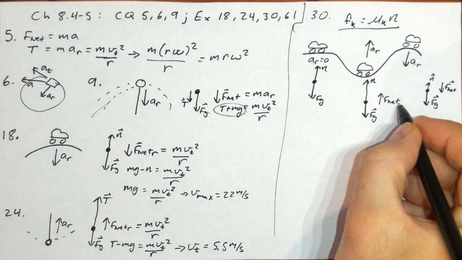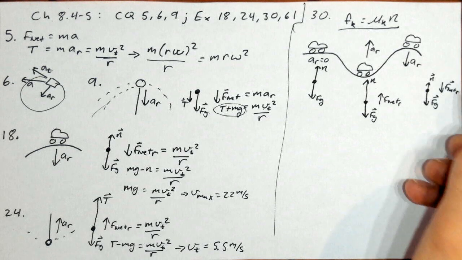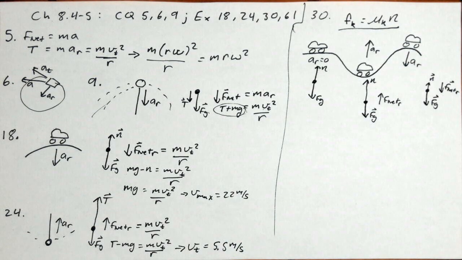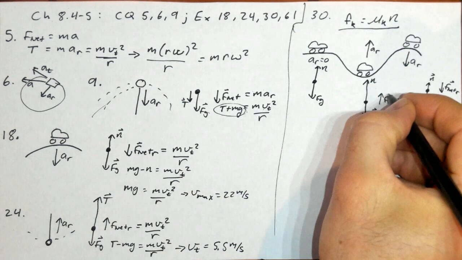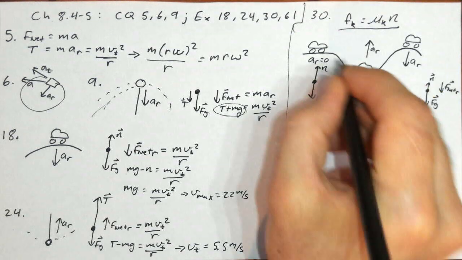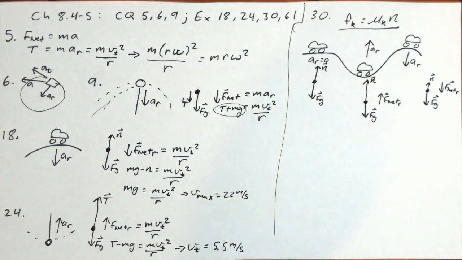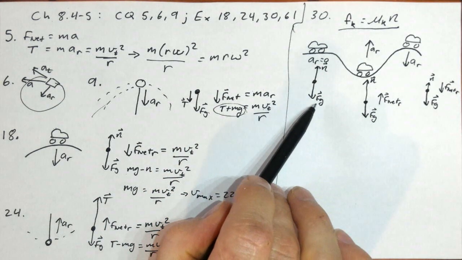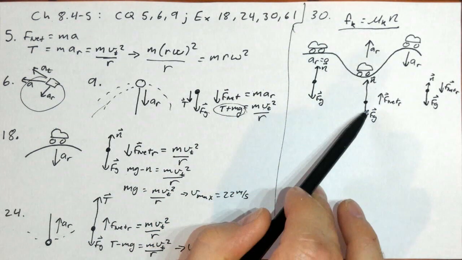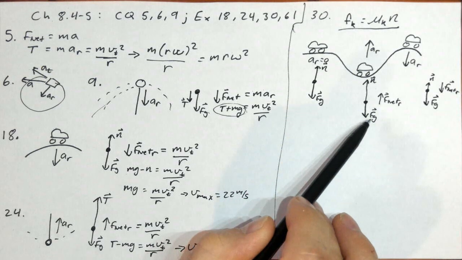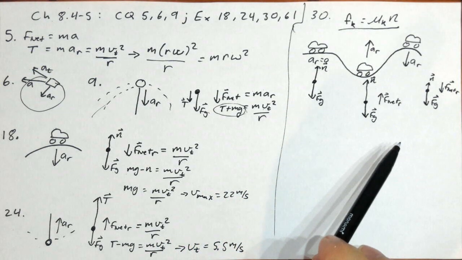Okay, and I'm going to be careful here and put R and R. It's the net force in that component. I guess I also need to be careful here and finish off my vectors. But the important thing is that the normal force is equal to mg in this case, the normal force is greater than mg in this case, and the normal force is less than mg in this case. And so we'll need to find that out.